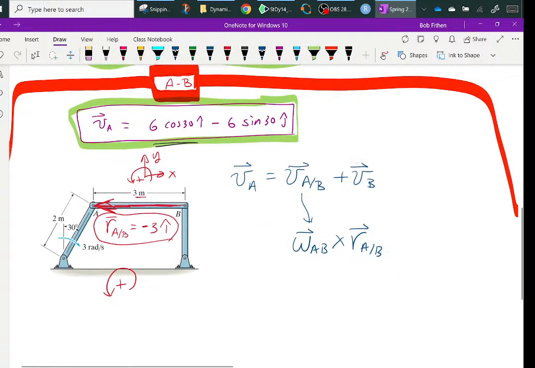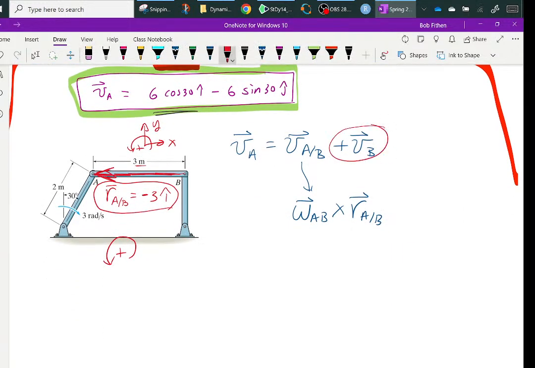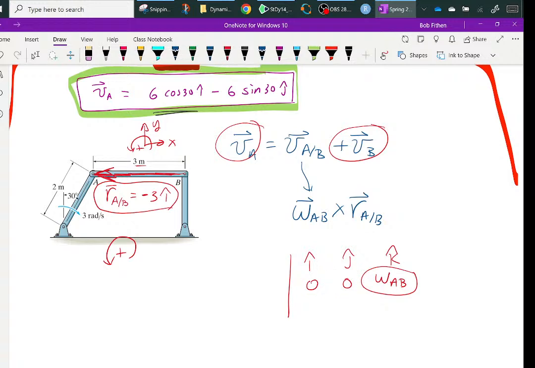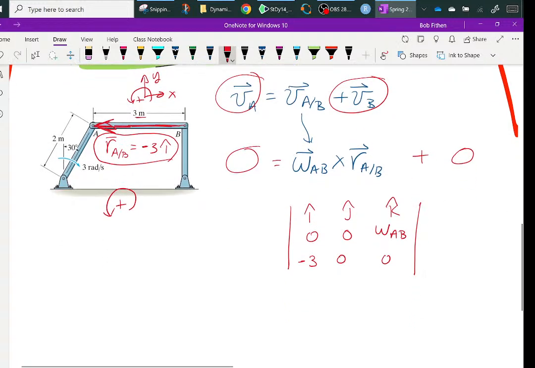And so I'll write this term and then fill these two out in a second. So I'll say I, J, K, this, omega AB. It's rotating in a plane, so it never has a value there or there. And then the pretty simple vector here, -3, nothing. So I'm going to just carry this out and fill these in in a second, just to focus on this.